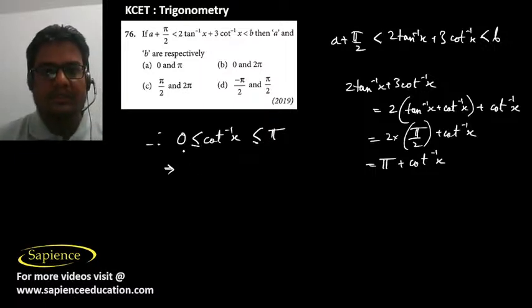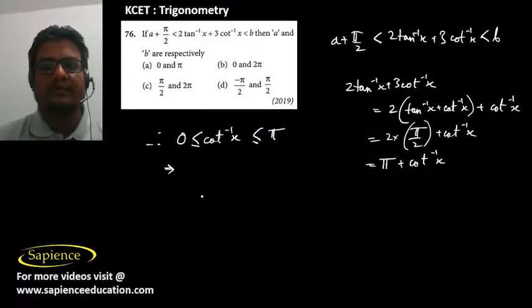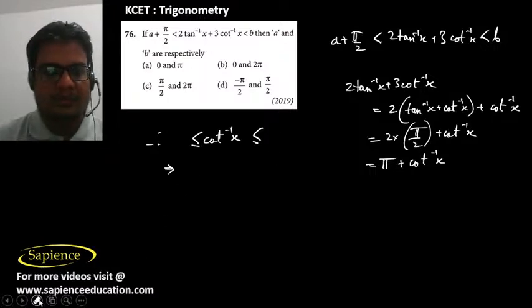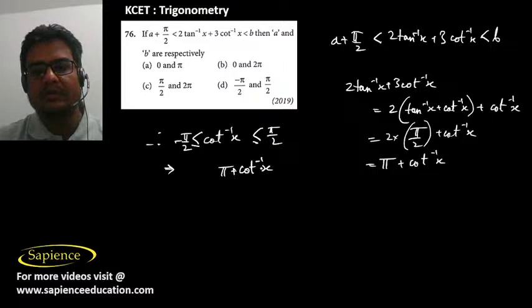Actually cot inverse x, its minimum value is minus pi by 2. Inverse x goes from minus pi by 2 to pi by 2. And so if we add pi on all sides, then pi plus cot inverse x will be greater than or equal to pi minus pi by 2, and less than pi plus pi by 2.